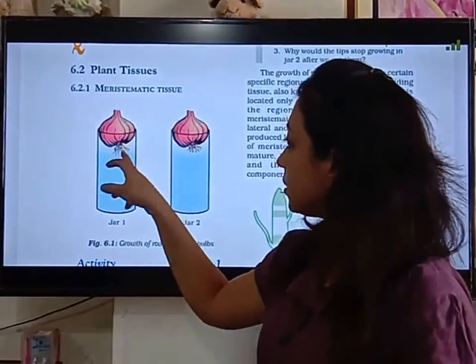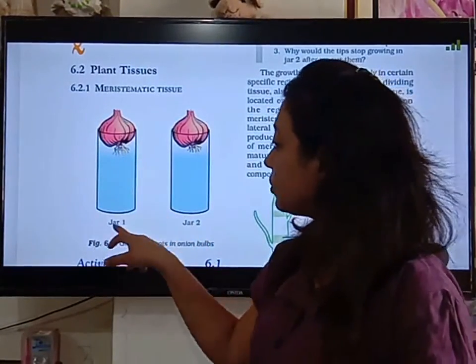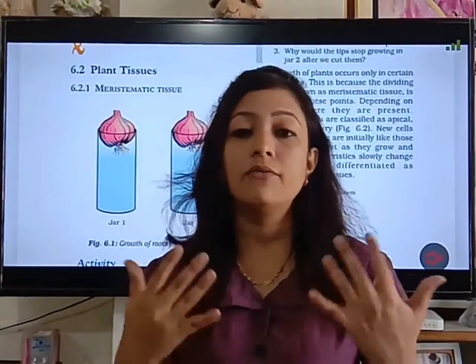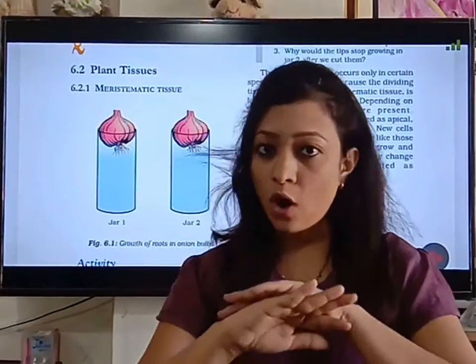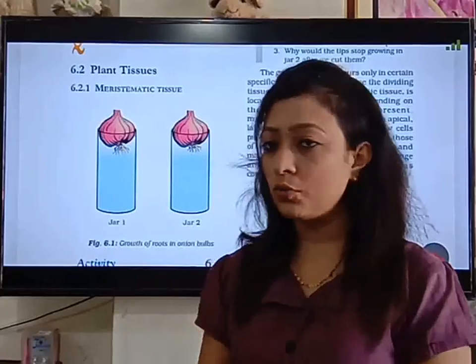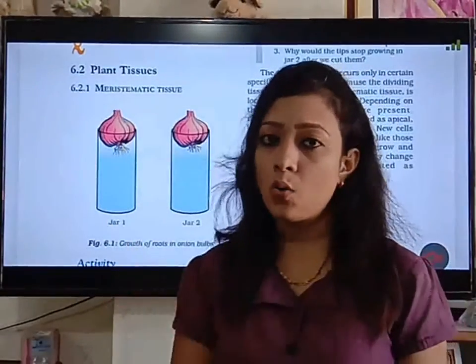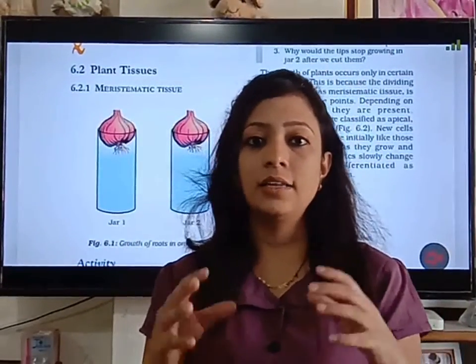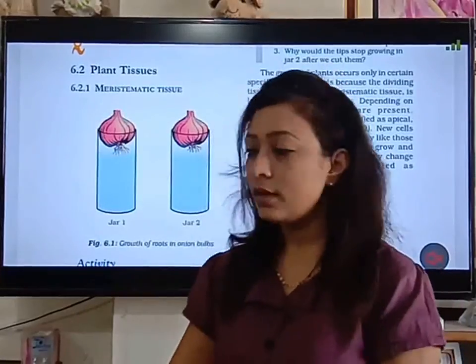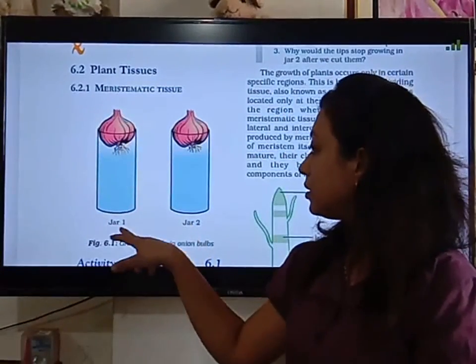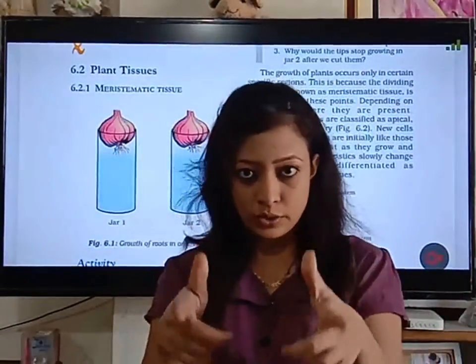While here you can observe that the onion roots from jar 1 will keep on growing because we have not cut the tips of the roots of the onion from jar 1. So children, the onion from jar 1 has the root tips.